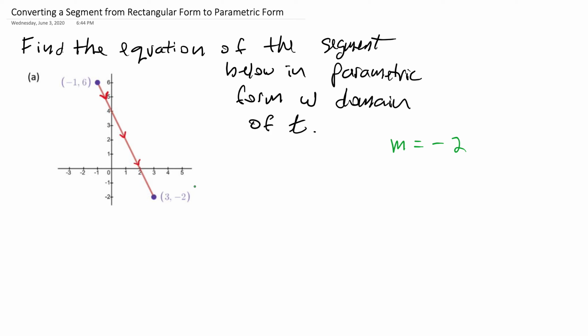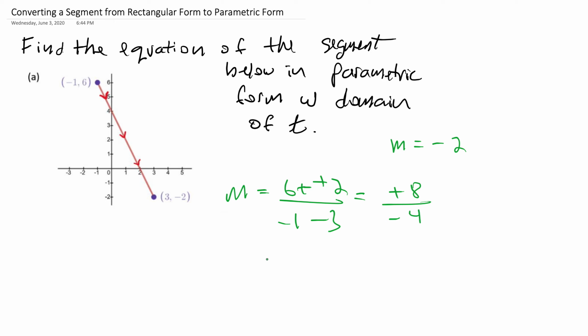Then you want to think about it for a second. First of all, let's do the unreduced slope. So it's m equals 6 minus -2 over -1 minus 3, which is +8 over -4.